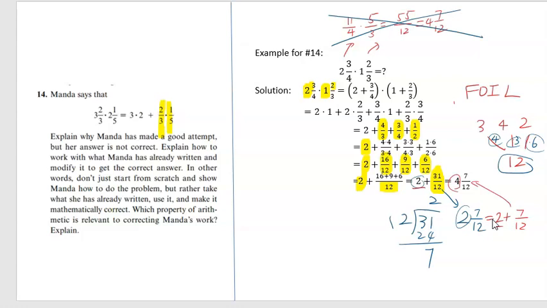This is the correct way to multiply mixed numbers by the distributive property. The property we used is the distributive property. If you want to say FOIL, that is okay, but FOIL is in essence the distributive property.